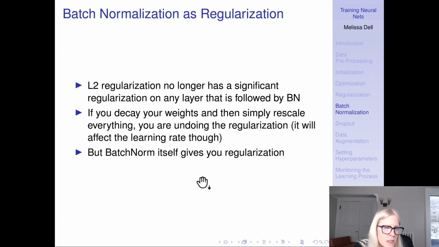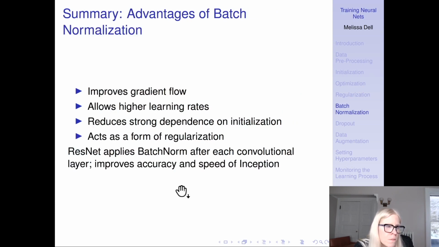L2 regularization no longer has a significant regularizing effect on any layer that's followed by batch norm, because if you decay your weights and then simply rescale everything, you're undoing the regularization, although that affects the learning rate. But batch norm itself gives you regularization, so it's okay. You don't need the L2 regularization when using batch norm.